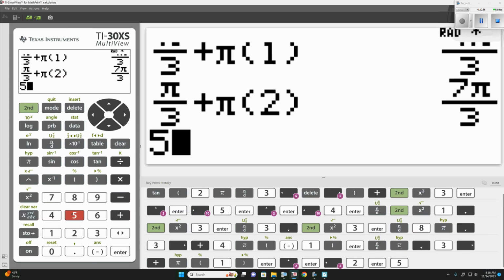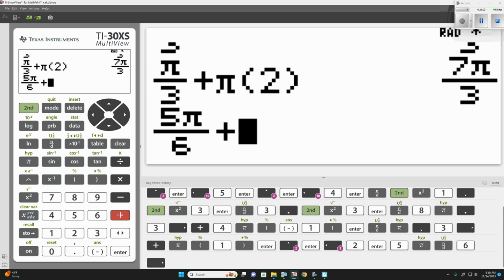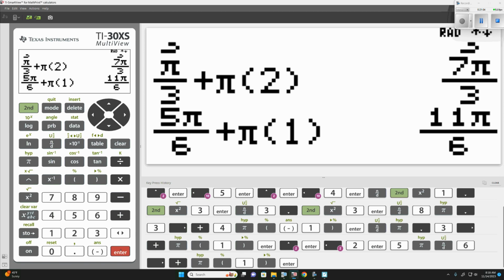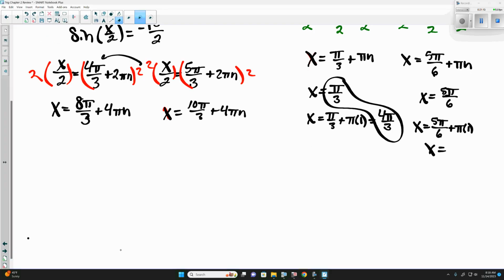Let me do the same thing. 5 pi over 6 plus pi times 1 is almost. Because 6 would be 12. So this just works. So we have these 4 here.